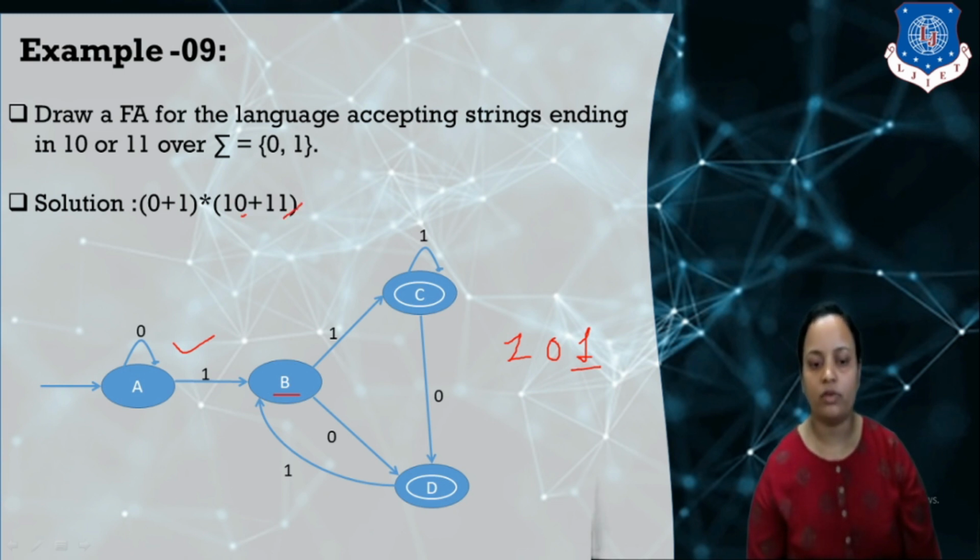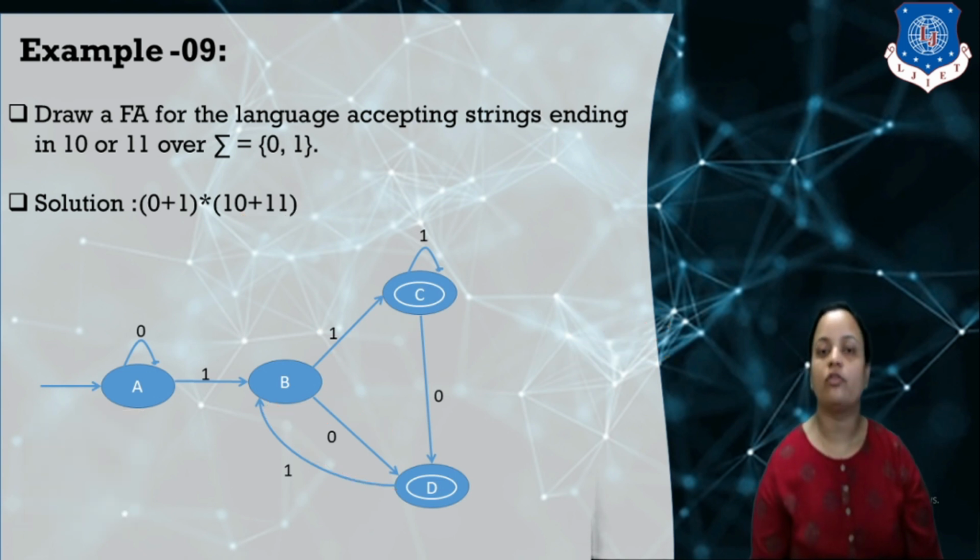Either 0 or 1. So which state do we move this transition to? The B state, because from B you can go through one path to reach state C, or to state D as the accepting state. So we move this transition from state D to state B.